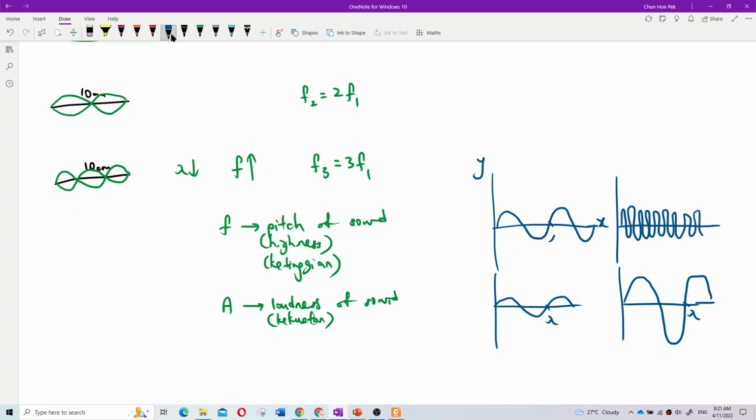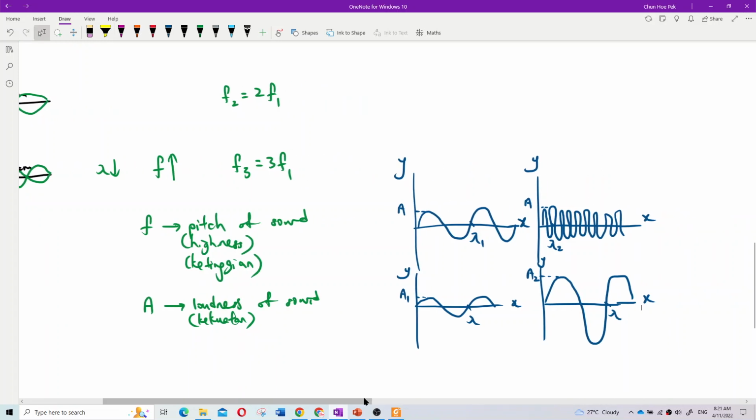This one lambda 1, this one lambda 2. And then this is A1, this is A2. This one has the same A. Okay, class. A basic, very simple question to test your understanding first.